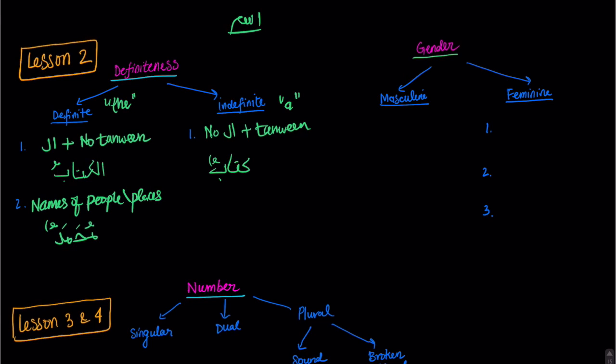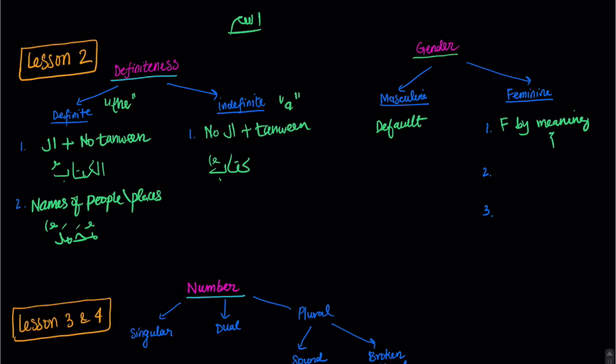Next, we talked about gender. There are two genders in Arabic. There's the masculine and the feminine. And we know that masculine is the default. So most isms are masculine unless there's a reason to make it feminine. And we learned 3 reasons an ism can be feminine. The first is that it is feminine by meaning.